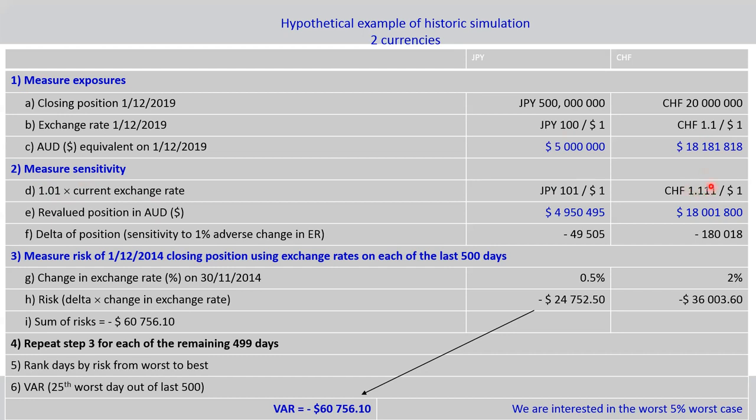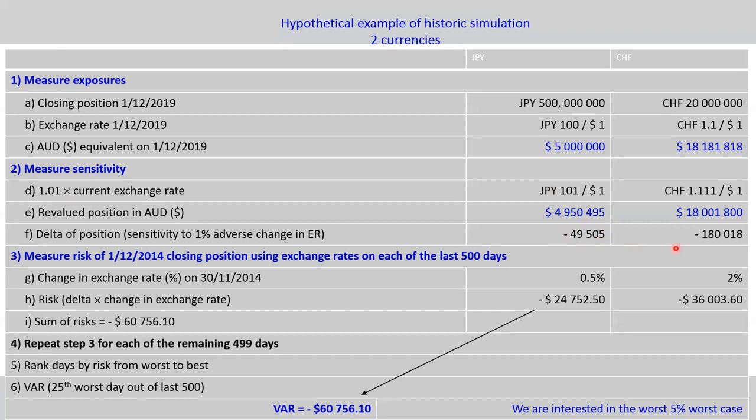This is an increase of 1%. When that increase of 1% happens, the Japanese yen is depreciating, this is the risk, and the Swiss franc is depreciating, which means my holding has dropped from 5 million to 4,950,000, and here from 18,181 to 18,001. Now, this difference, because of this 1% change, which is an adverse change, is 49,505, and this is 180. So this is actually the delta of a 1% change.